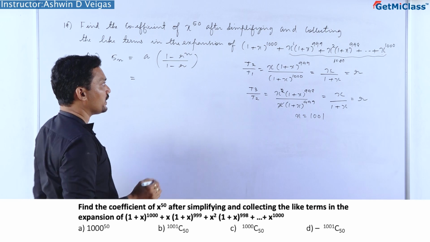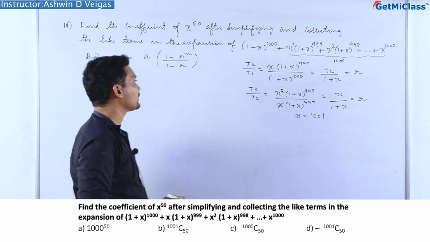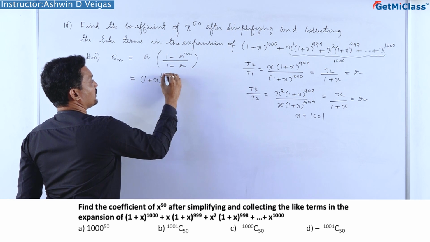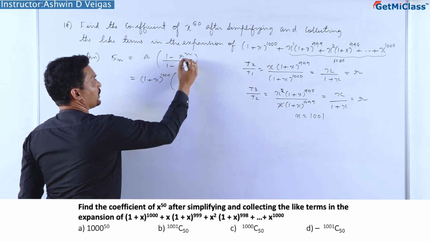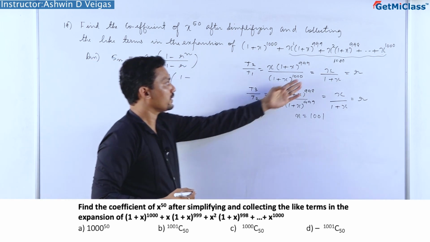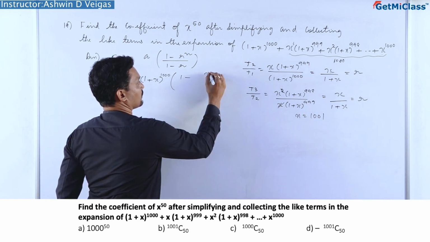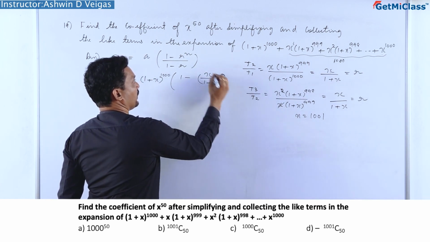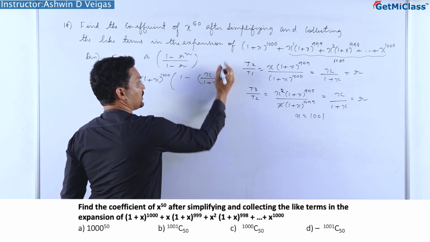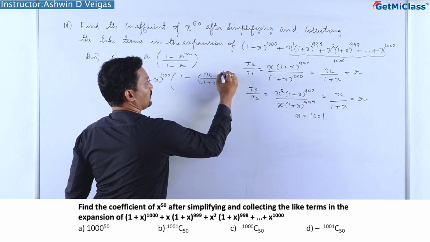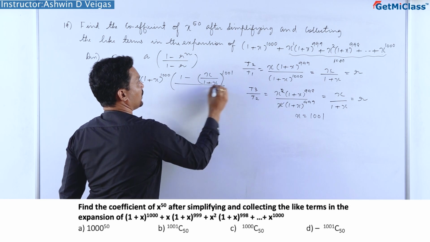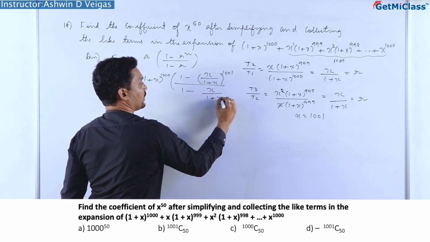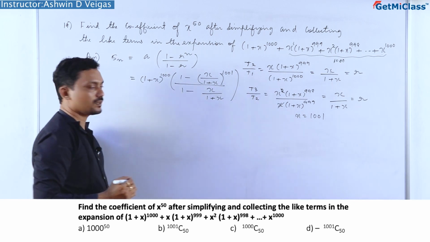A is the first term, that is (1 + x) power 1000. So it is (1 + x) power 1000 into (1 minus R power n), where R is x by (1 + x), n is 1001, divided by 1 minus R, again x by (1 + x). So it comes like this.